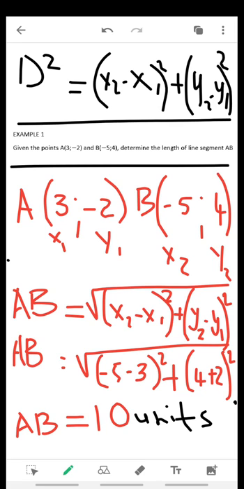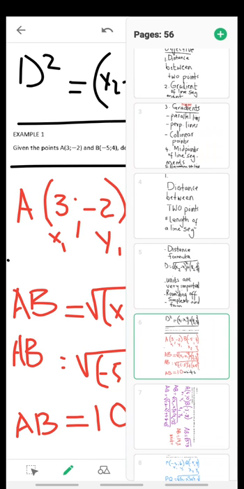Okay, and then substitution. This is just direct substitution. When you substitute, then we find out the distance between point A and B, or the length of AB, is 10. Look at what I've done. I've written my answer in red and then something in black to show you that units are very, very important. Okay, that was example number 1.